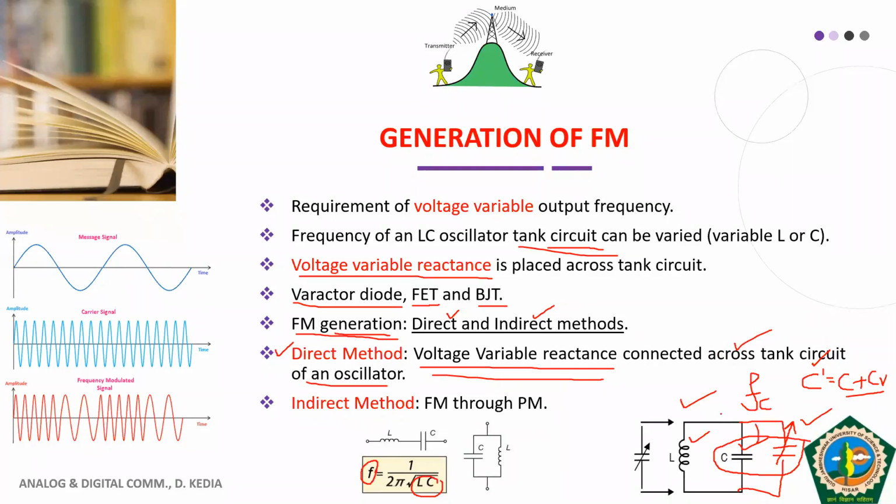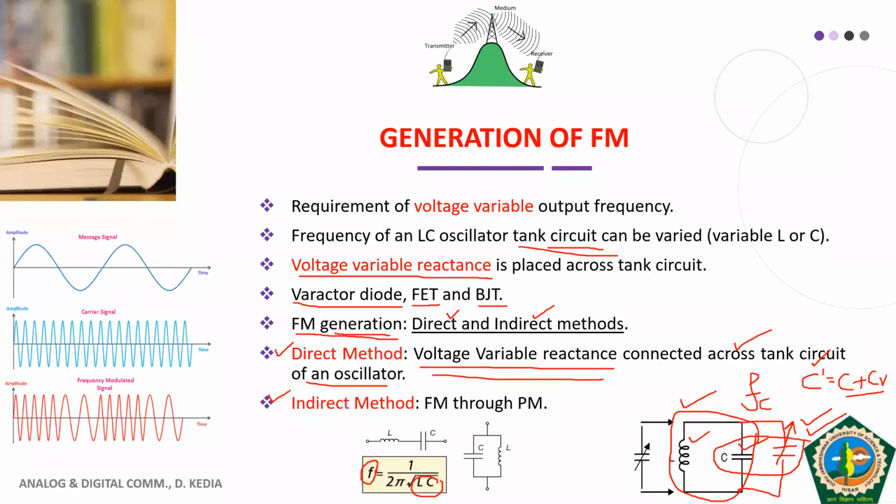So here my LC is the tank circuit, the tank oscillator. I have connected a voltage variable reactance across this tank circuit, and as a result I get a voltage variable reactance and I get the FM generated through the direct method. I hope all of you have been able to understand the concept of direct method.